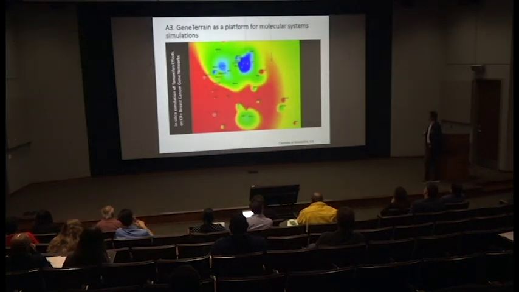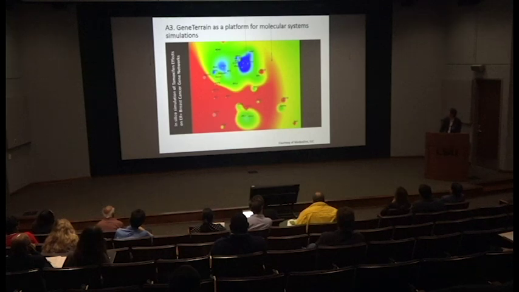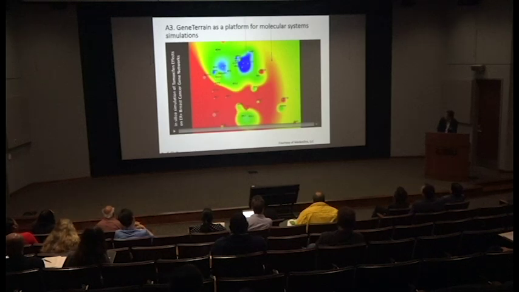Okay, here's another example. I think I can have the mouse. This example shows using gene terrain as a platform to do even some simulations. This is a simulation done on a molecular signaling network that we constructed for ER-positive breast cancer.